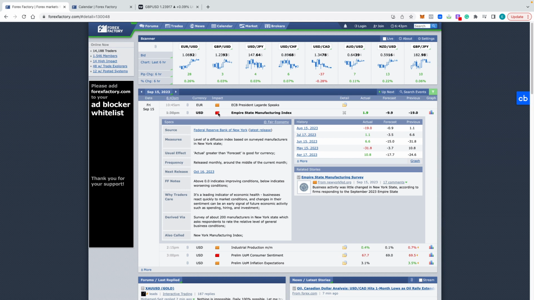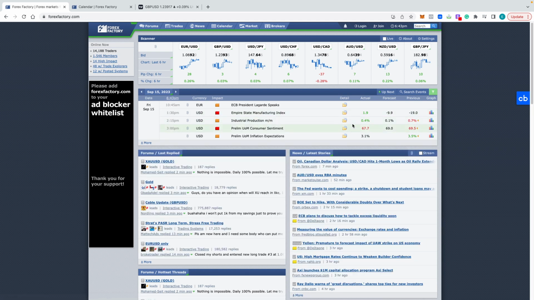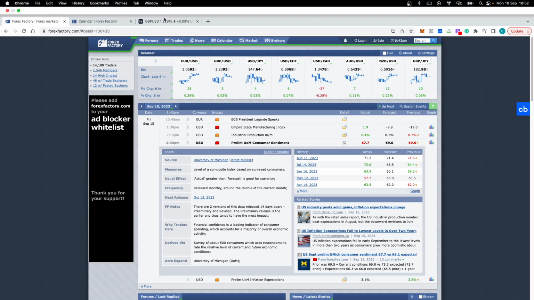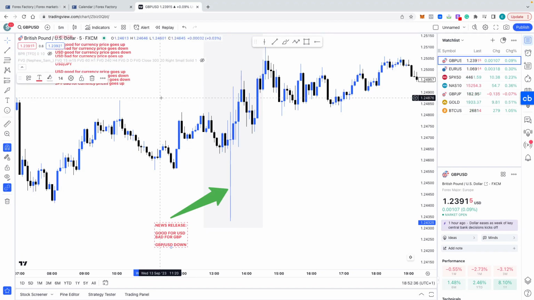However, if we have a news event whereby, if we look at this news event over here, we've got a news event whereby actual greater than forecast is good, but actual was lower than forecast, so USD goes down, then anything against the USD goes up in value. And I'm summarizing that for you over here.